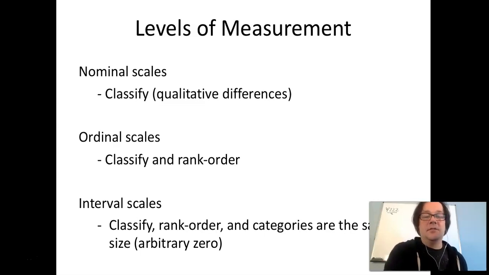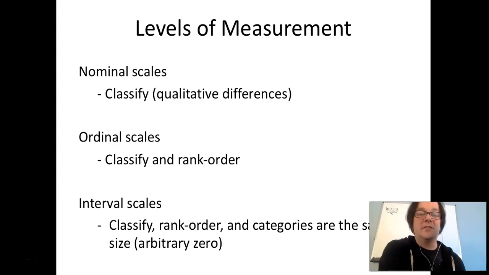And somebody circles a 0. That doesn't necessarily mean there's a complete lack of happiness, 0 happiness in this person's life. When we take a look at even, say, the different temperature scales.